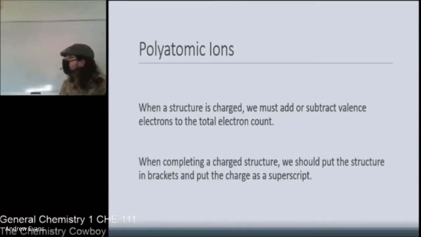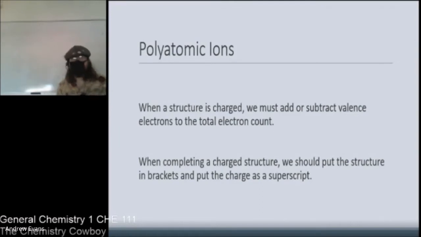If we were trying to do hydroxide, which is OH minus. Oxygen typically has 6. Hydrogen typically has 1. You would think of OH as having 7 electrons. But because it's 1 minus, it now has 8 electrons.